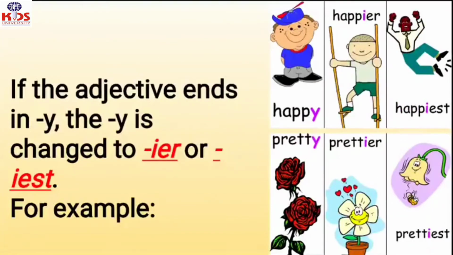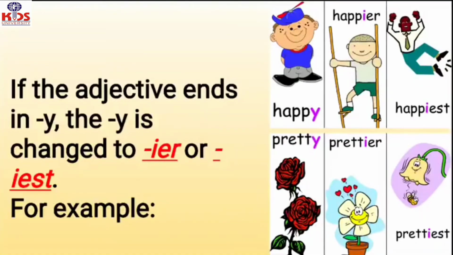If an adjective ends in y, then we add IER in its first comparative form and IEST in its second comparative form. For example, an adjective happy ends with y. So we are going to add IER in its first form and IEST in its second form.